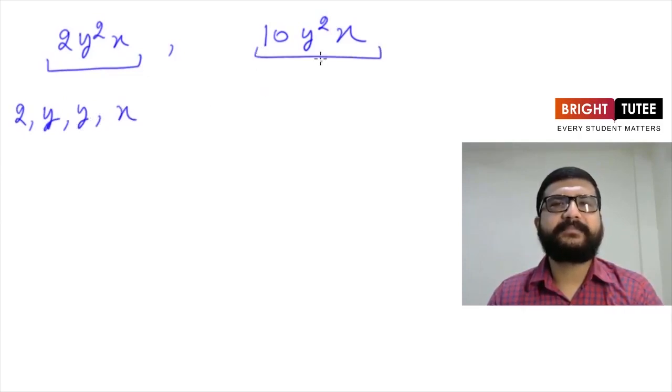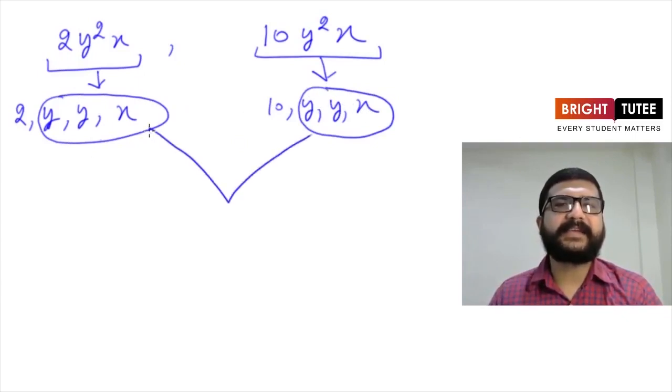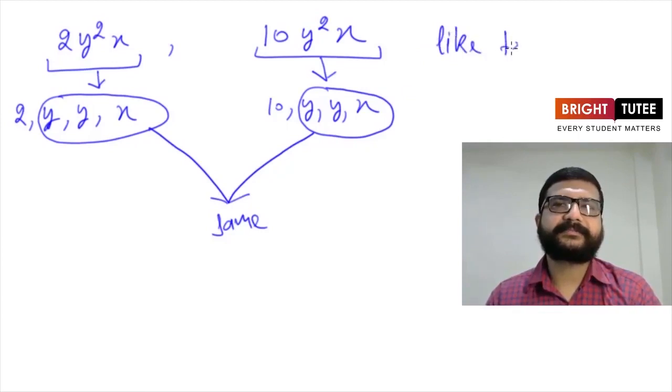Now for the second term, factors are 10, y, y, x. Now algebraic factors are y, y, x in the first term, and in the second term algebraic factors are y, y, x. So again they are exactly the same. So algebraic factors are the same. It means the terms are like terms.